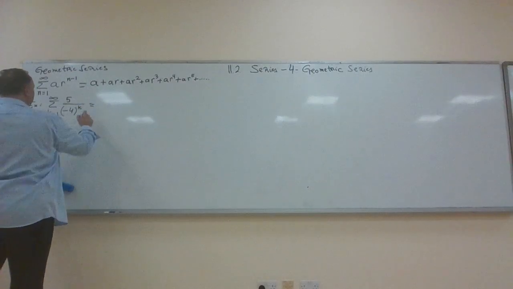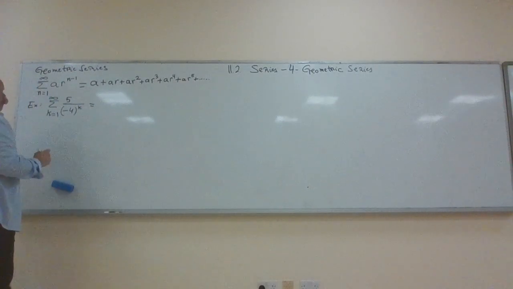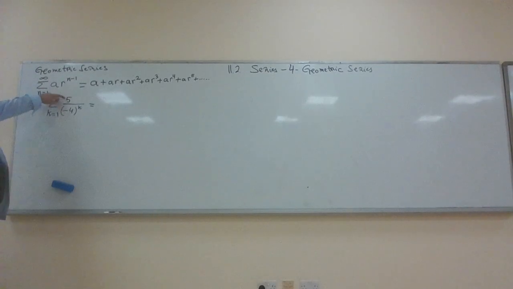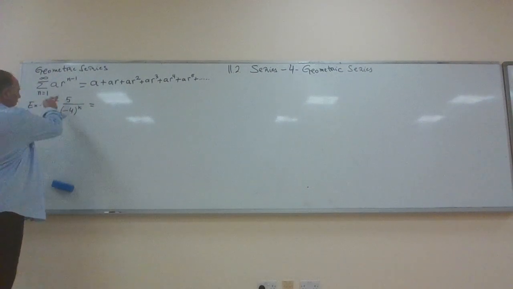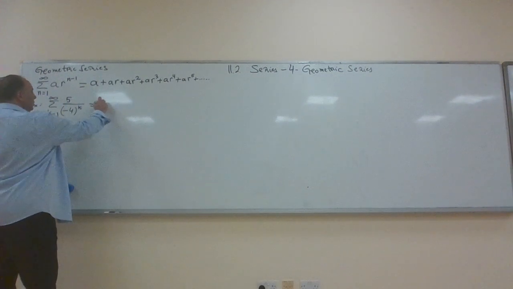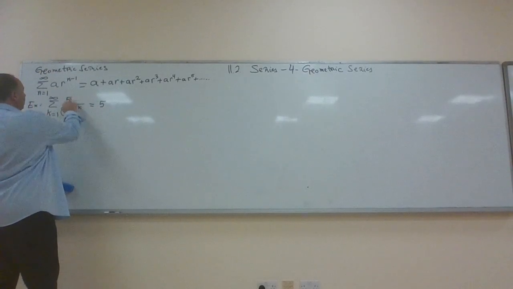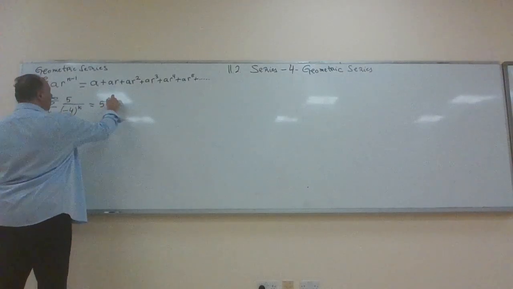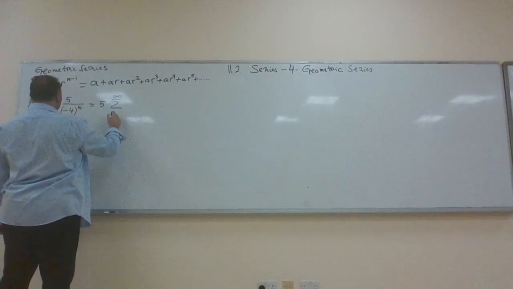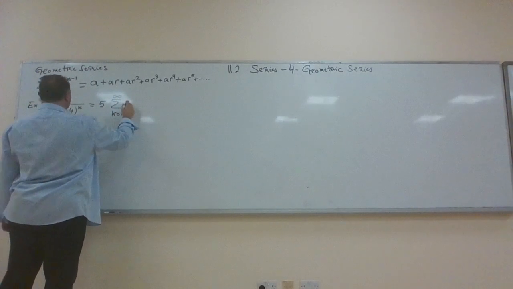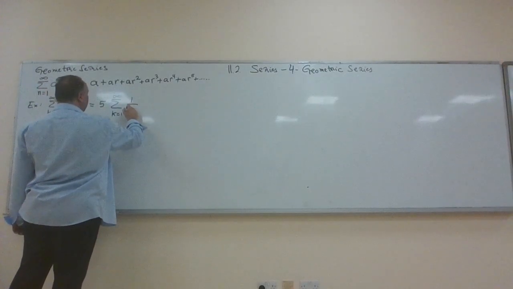It's always good to write out the geometric series. Here we can immediately factor 5, because we see there is no k in the expression on 5. It's not linked, so we can immediately rewrite it. That simplifies things a little bit.